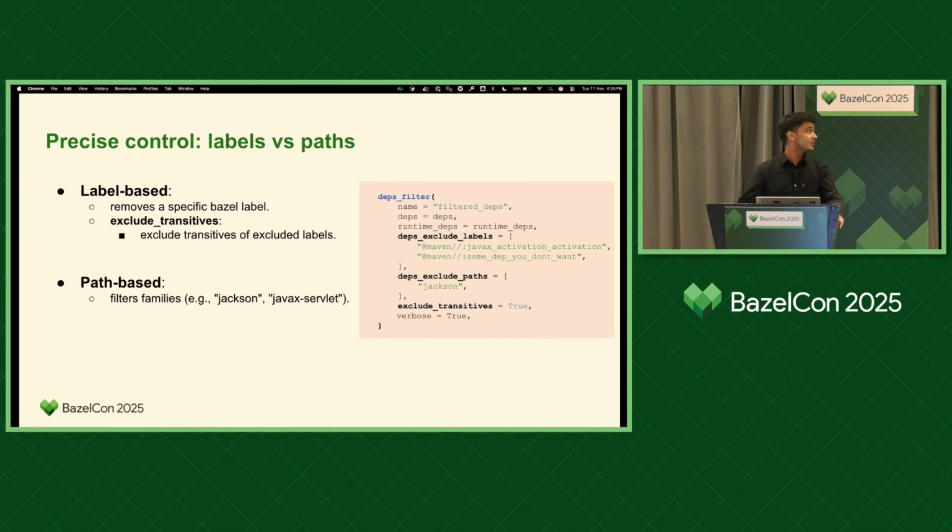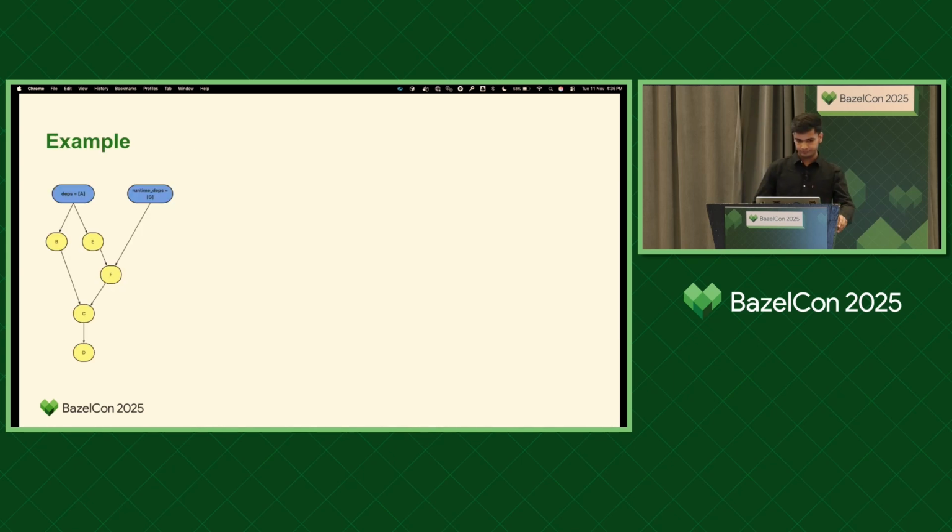For example, if we specify Jackson in the deps exclude paths, then all the jars related to Jackson will be dropped. I should mention Bazel query doesn't work with deps filter because it computes exclusions at the build time. So to address that, we created another argument, verbose. If we set it to true, then we will be having the information about the jars those are dropped.